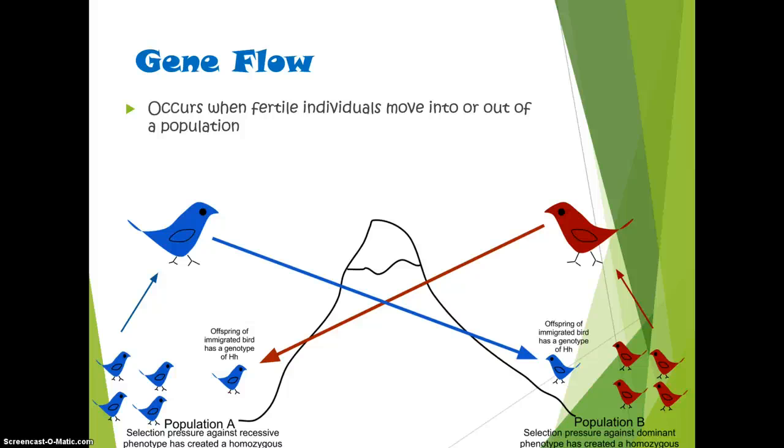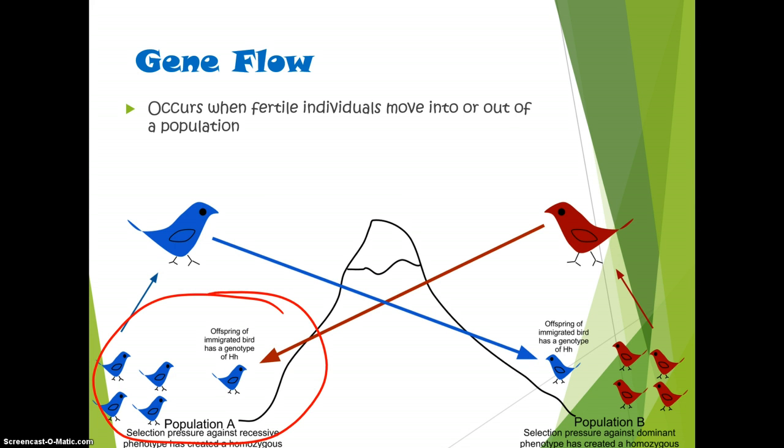This occurs when fertile individuals, meaning individuals that can have offspring, move into or out of a population. We have a flow of genetic information to wherever they go. So take a look at my population of birds here.